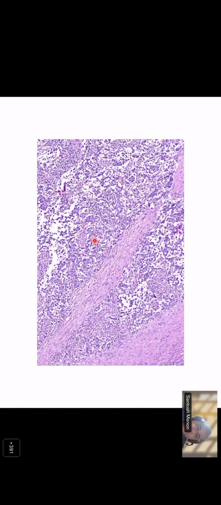A better power to show the picture of this tumor. Anybody wants to describe? Maybe Poonam can describe this. We can see the septa, and on both sides of it we can see tumor cells, and the tumor cells can be seen invading the septa.